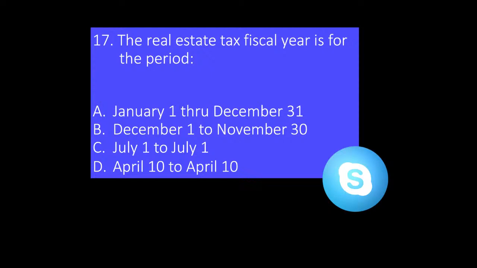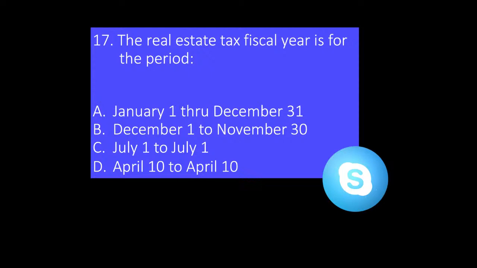Unfortunately, the correct answer is C. Huh? C is the best answer, not the correct answer, but the best answer. Because the fiscal year for real property tax starts from July 1st and ends on June 30th. Interesting. Mid-year, huh? Yeah, that's right. This is a memorized answer.